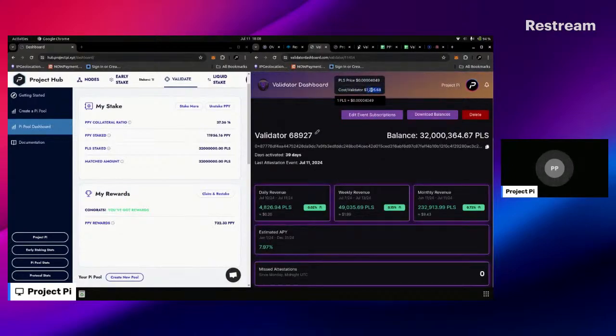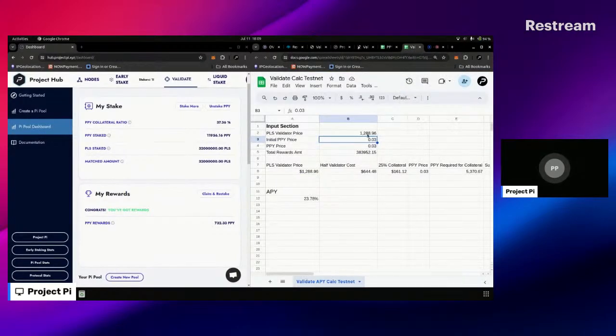I'm going to take the cost of the validator and paste it into my little calculator here. The initial PPY price, and a lot of this is going to be the assumption that we start at TGE. Our TGE is going to be at 3 cents starting. And so the price in itself is 3 cents.